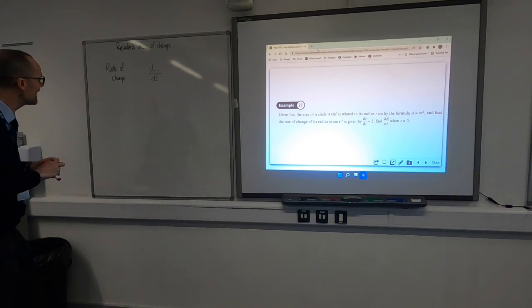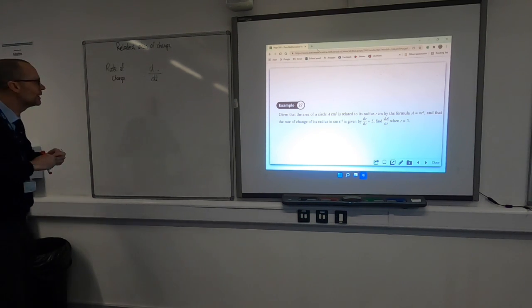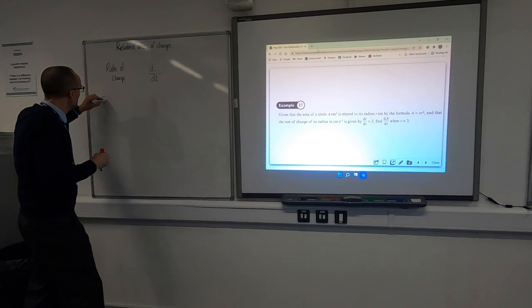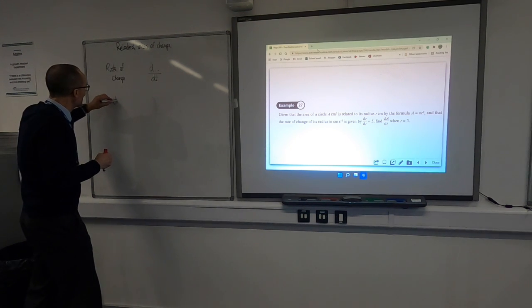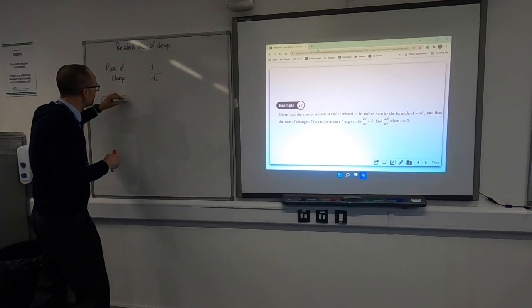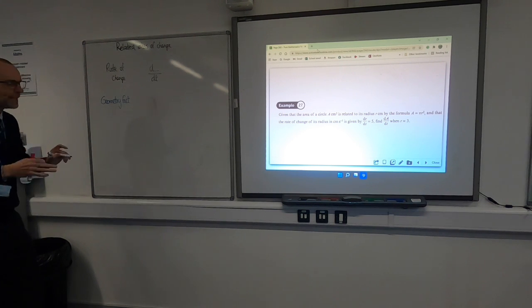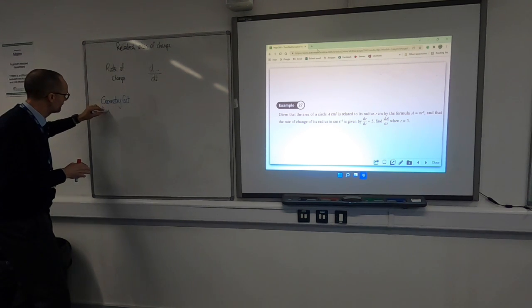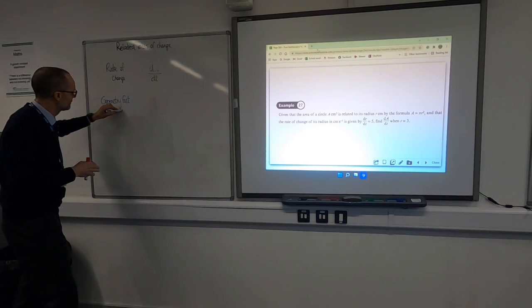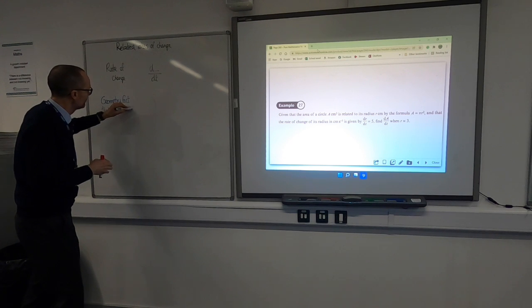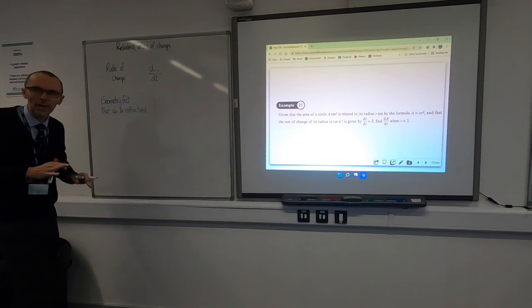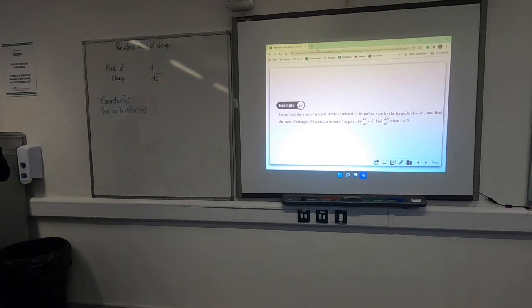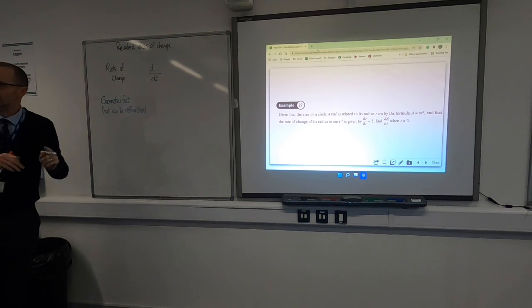These questions tend to start with some sort of geometry fact, normally an area or a volume, that can be differentiated. There is a requirement for you to remember the formulas that we use at GCSE.